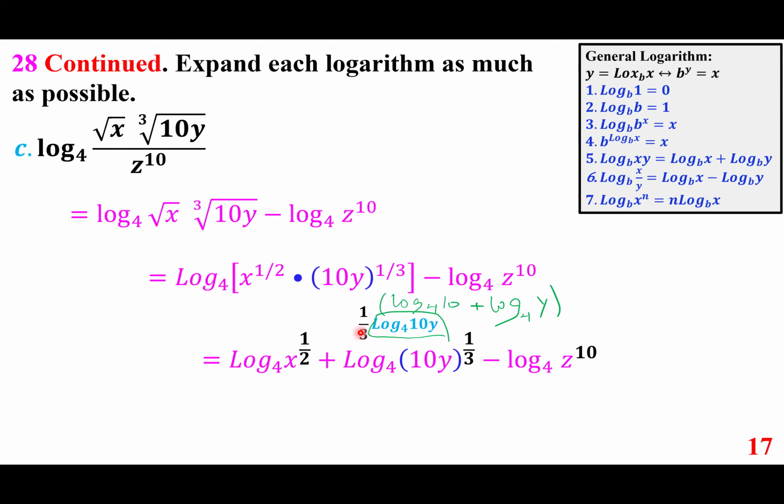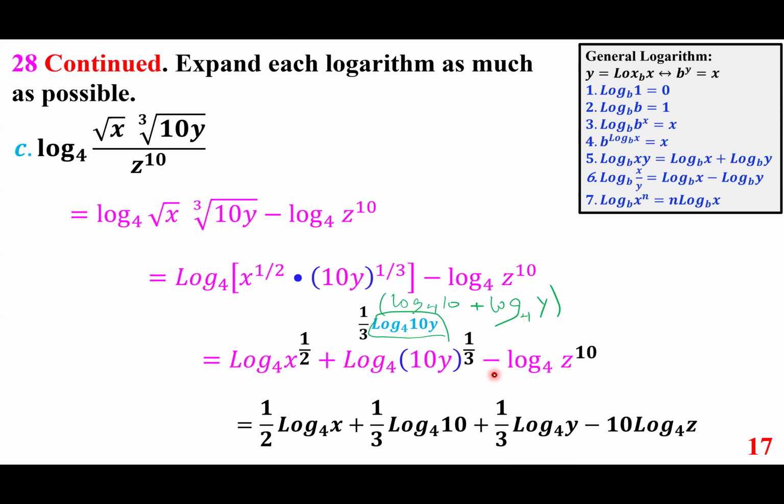Over here, 1/3 of log 10 base 4 plus 1/3 of log y base 4 minus 10 log base 4 of z. And that's the final answer. So we used a couple of steps, although it can be done really in one step in essence.